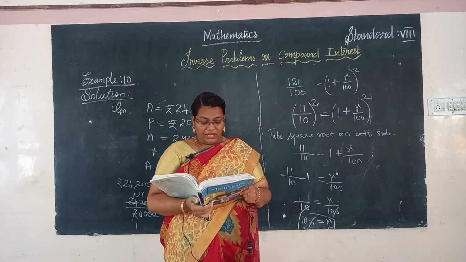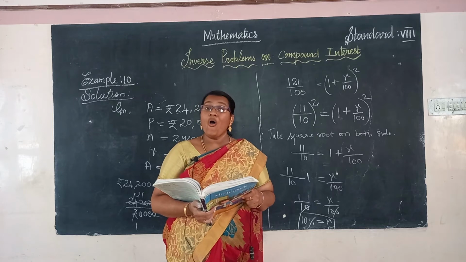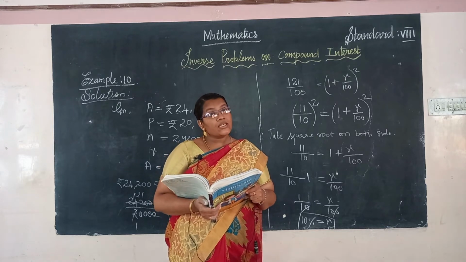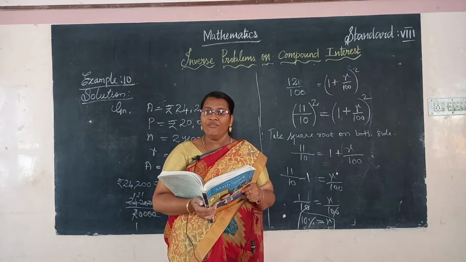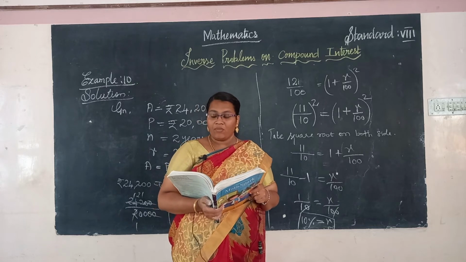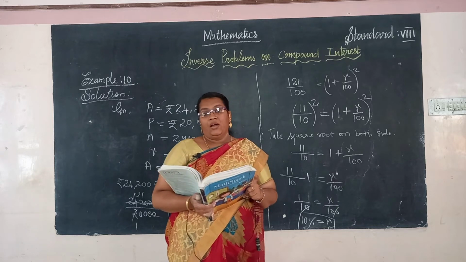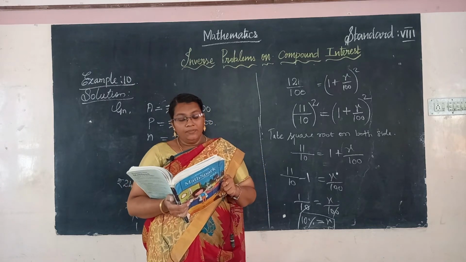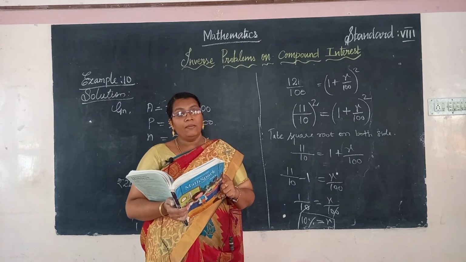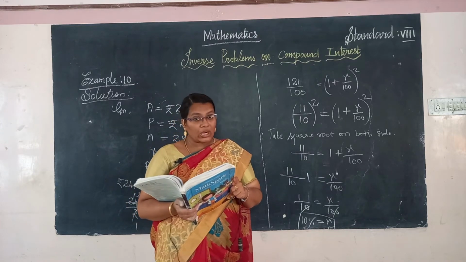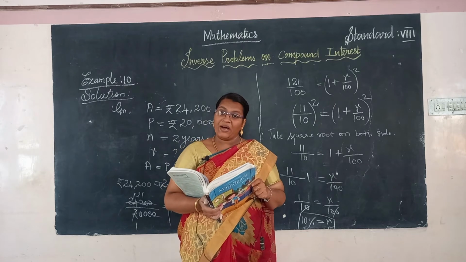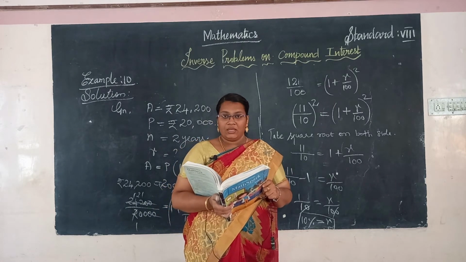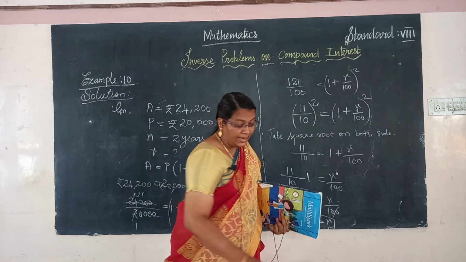But it is compounded half yearly, so interest is calculated half yearly. You know that formula. What is that formula? A is equal to P of 1 plus R by 200 the whole power 2n. First write the given data.